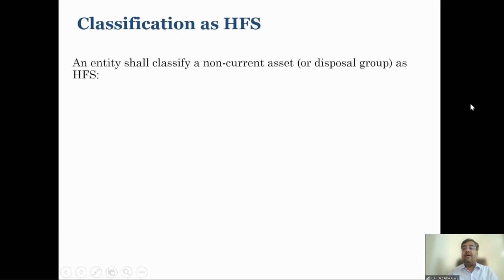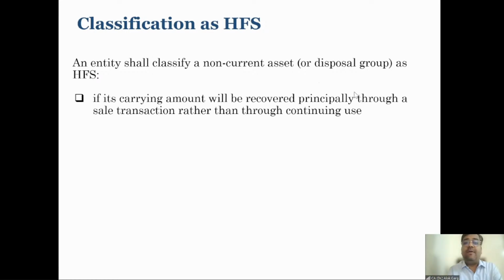Now we are discussing the heart of the standard: when a non-current asset will be classified as held for sale, NCA HFS. Friends, for example, there is a building. This building is under Ind AS 16, and it is a non-current asset.